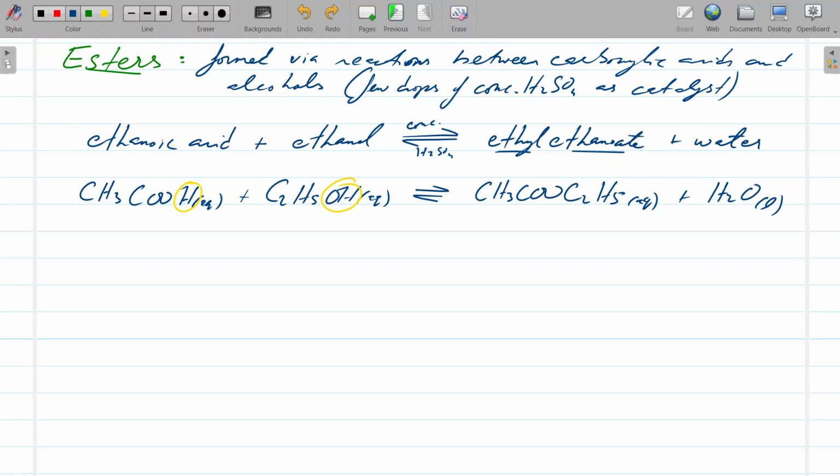Now, before going into the general rules, this process is called esterification. We look at the link between these two parts, which is called the ester link.